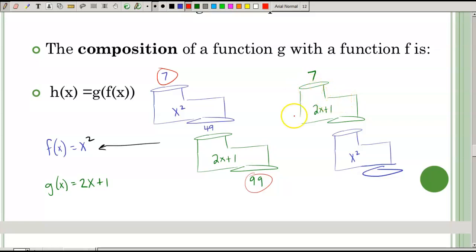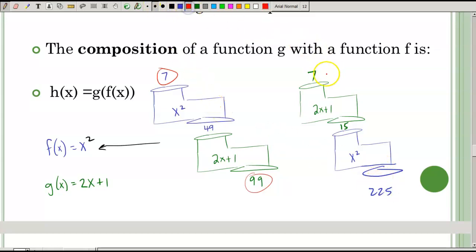If I drop it into the green function first, I'd get 7. If I double that, I get 14, and then add 1, I would get 15. Now 15 is the output. Let's drop that right into the next function, which just squares that value. And 15 squared is 225.